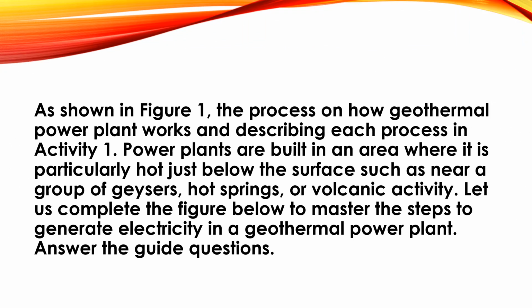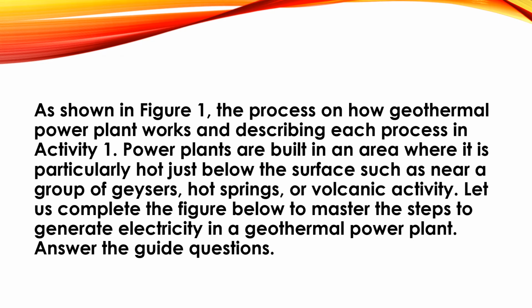As shown in figure 1, the process on how a geothermal power plant works, describing each process in activity 1: power plants are built in an area where it is particularly hot just below the surface, such as near a group of geysers, hot springs, or volcanic activity.